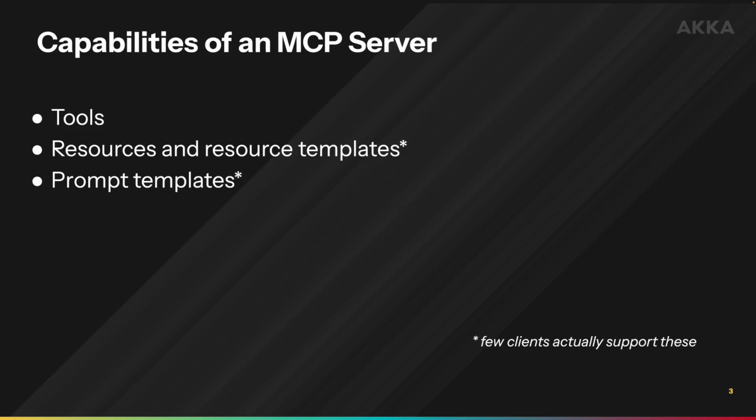Prompt templates accept a few text inputs and return a prompt that can then be used with an LLM for some specific use case. In practice, very few clients support anything else but the tools, so we'll focus on those in this demo.